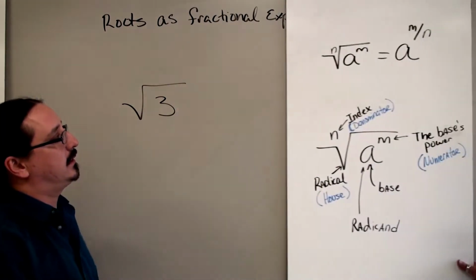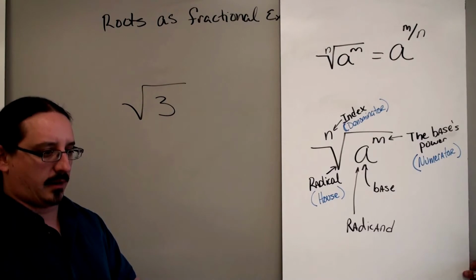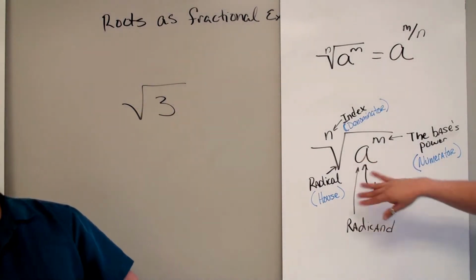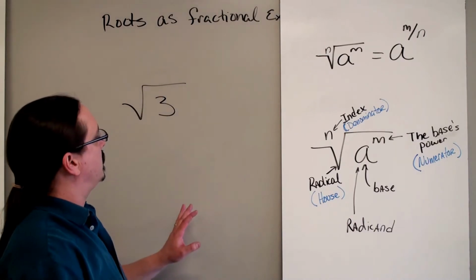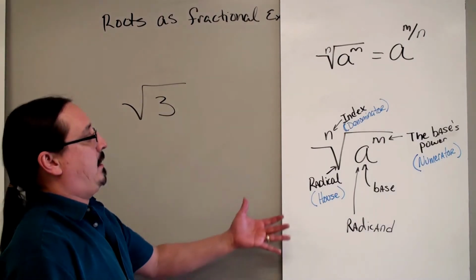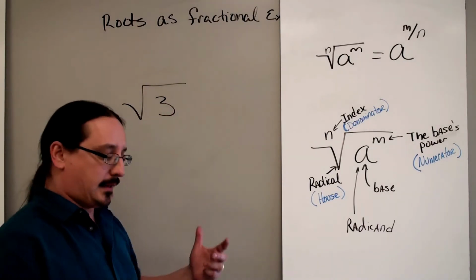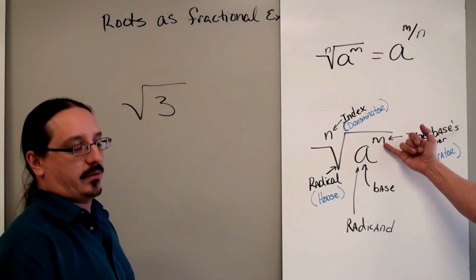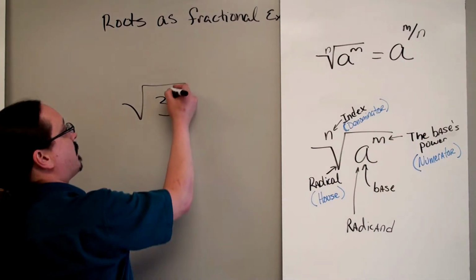I'm going to leave this here so that they can reference these little vocabulary words. So in this case, our m would be 1, but again, we don't need to write the exponent if it's 1. But for the sake of right now, let's just put it in.